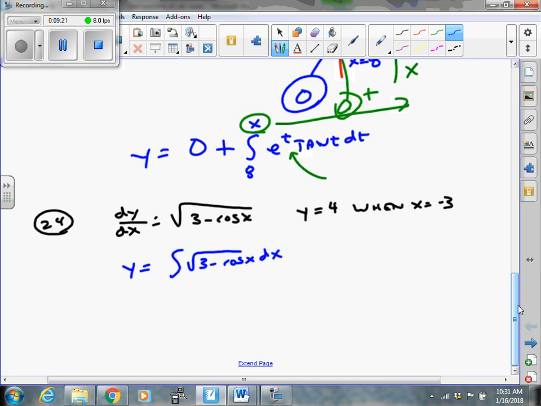Easy enough. But that's a very general form. We don't have any specifics. Here I am given that specific information. It's telling me that the area under this curve, I don't know what it looks like, I really don't care. But I know the area up to x is negative 3.